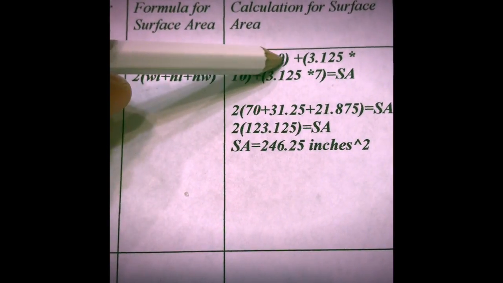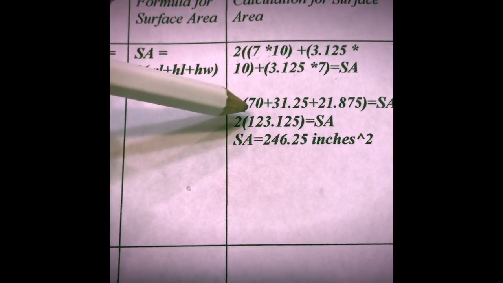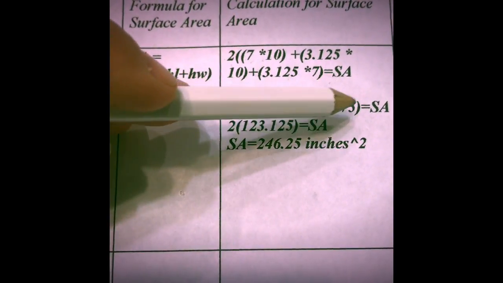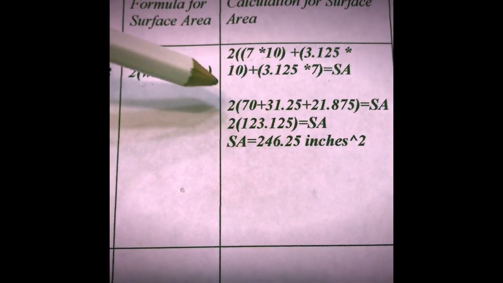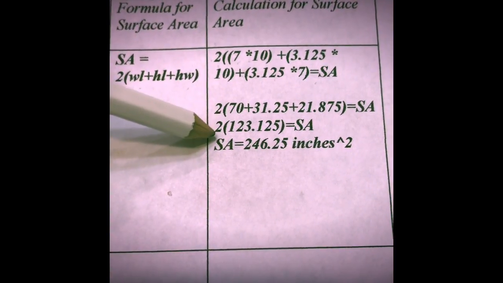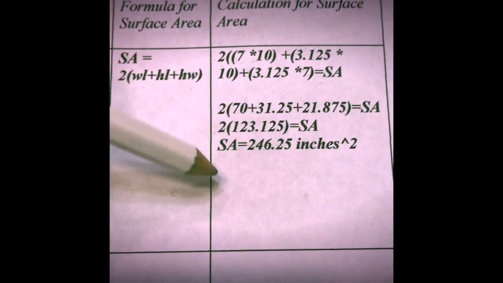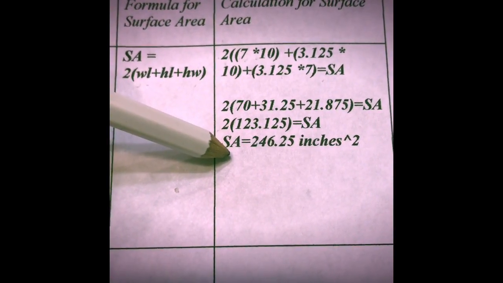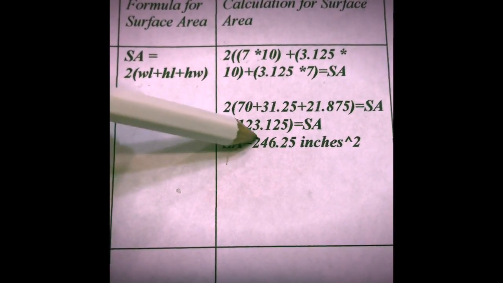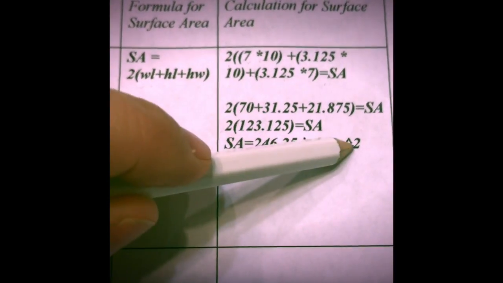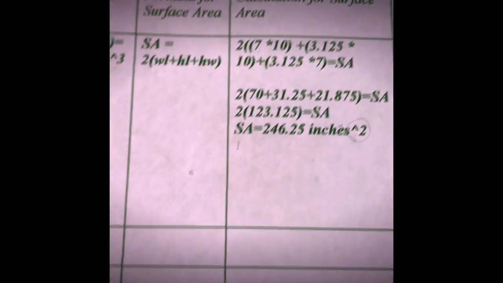And if you do those first, as you do in parentheses first, 70 plus 31.25 plus 21.875 is 123.125, times 2. So surface area equals 246.25 inches, again, squared.